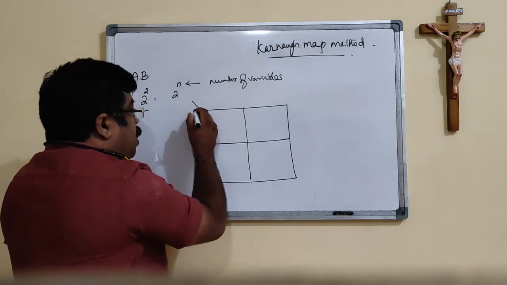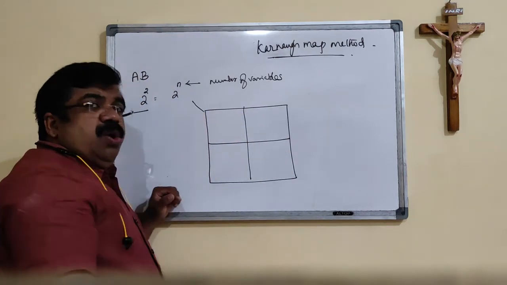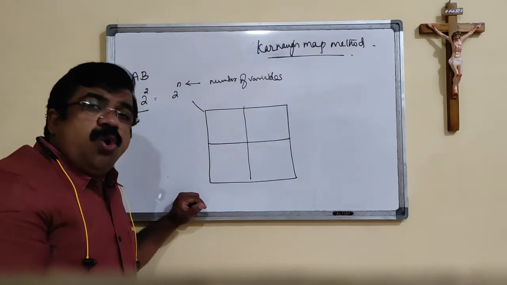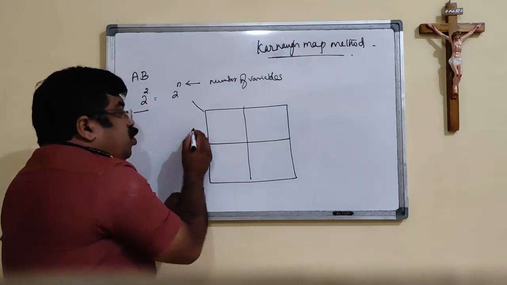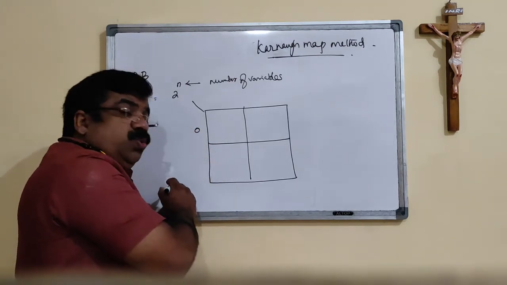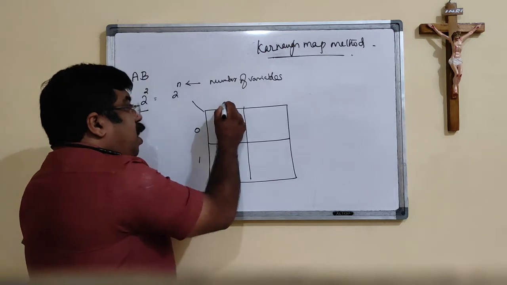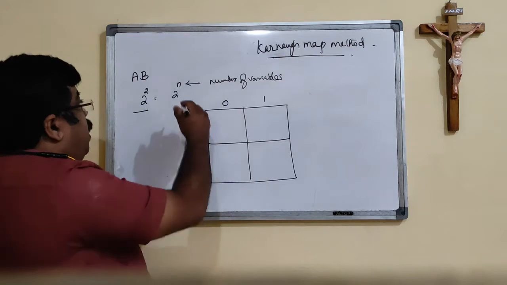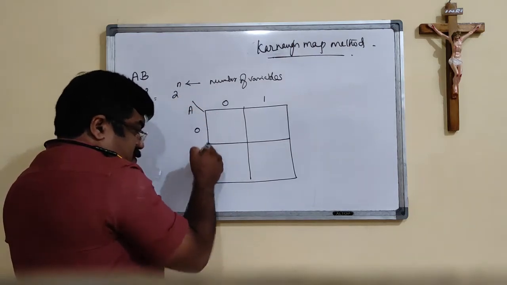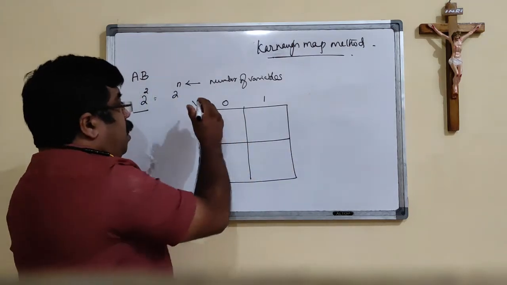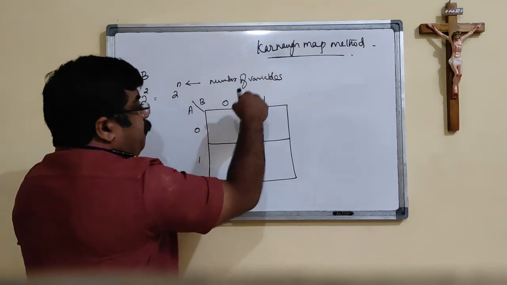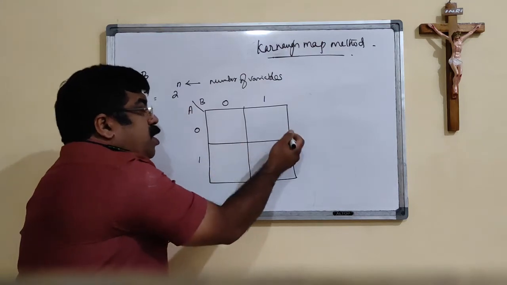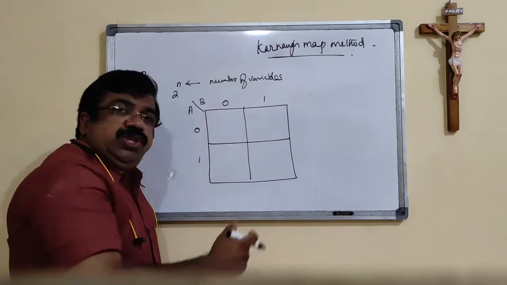One variable is used for representing the row-wise order and the other variable is used for representing the column-wise order. We number the rows 0, 1 and the columns also 0, 1. We are taking A for the rows and B for the columns. Now you have to put the numbers into these squares.